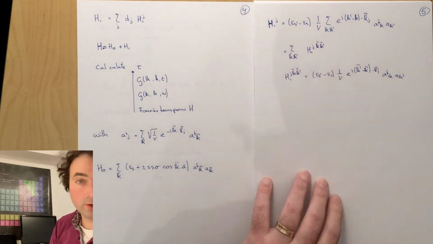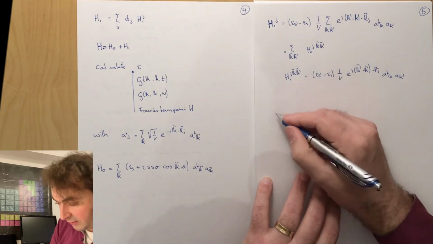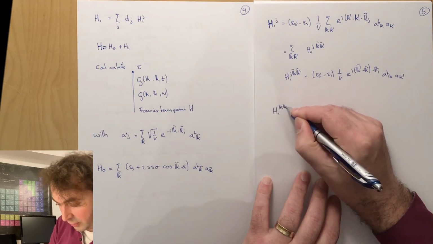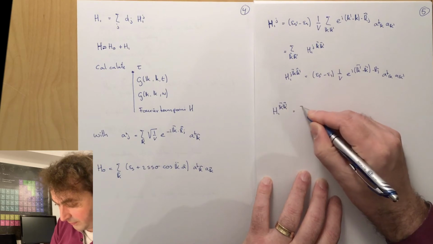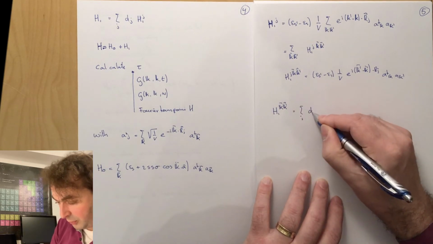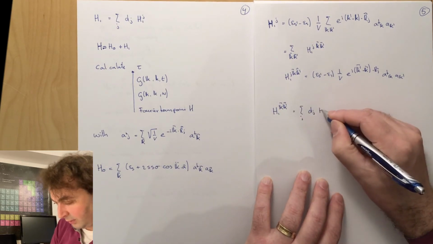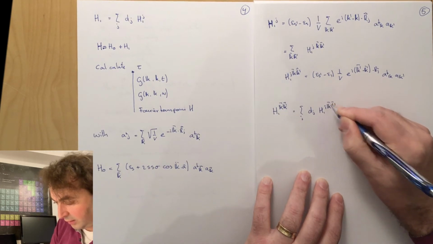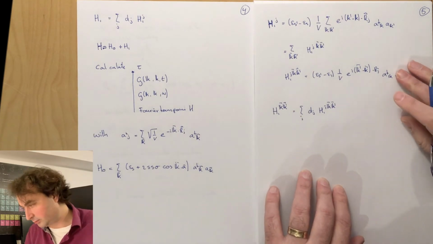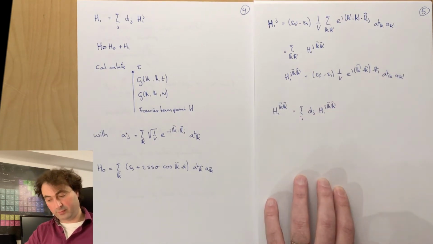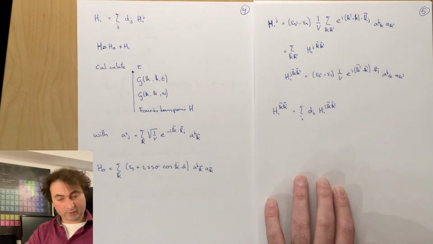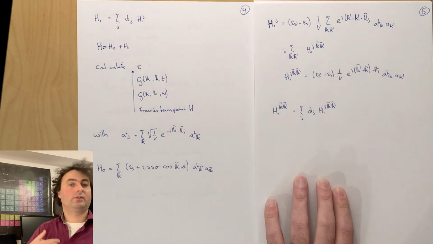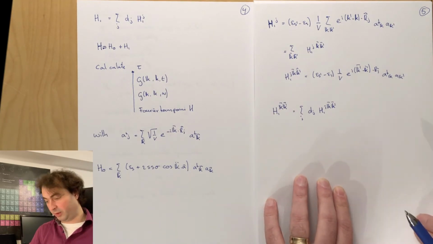And then of course we do not have an impurity on a single site, we have a random distribution of our impurities. So if we sum over all sites, where we have a distribution function, and then our Hamiltonian j, k, k prime. So that is the Hamiltonian that we have to add to our H0 that describes the random distribution of impurities.